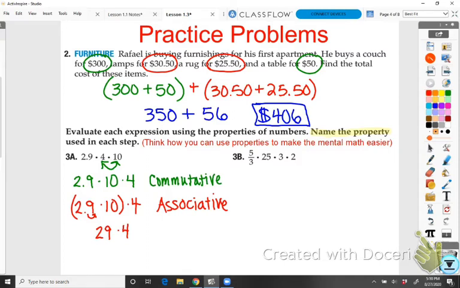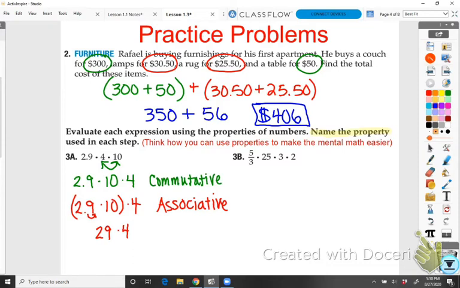A quick way to do this is to round the 29 up to 30 and think to yourself what 30 times 4 is, which is 120. And then you take 4 away because you rounded 29 up 4 times.